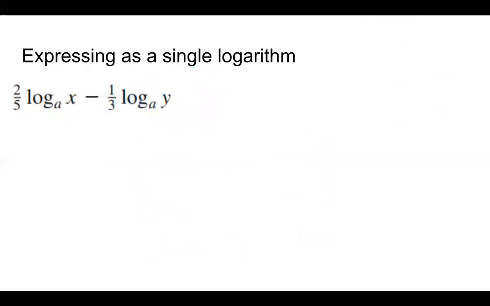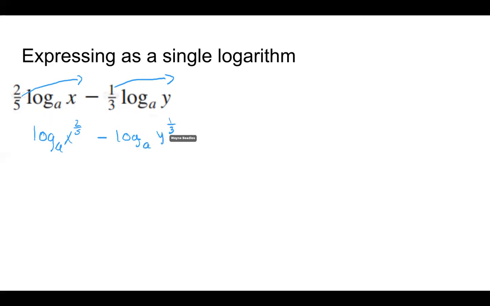So this is the other way. It's saying express it as a single logarithm. So we're going to compress it now. We decomposed it, now we're going to compose it. So what we want to do is take this upstairs. So we have log base a of x to the 2/5 minus log base a of y to the 1/3.